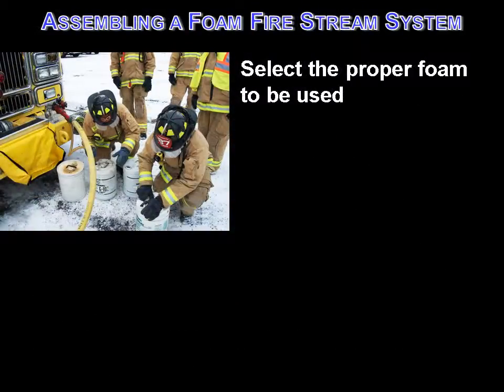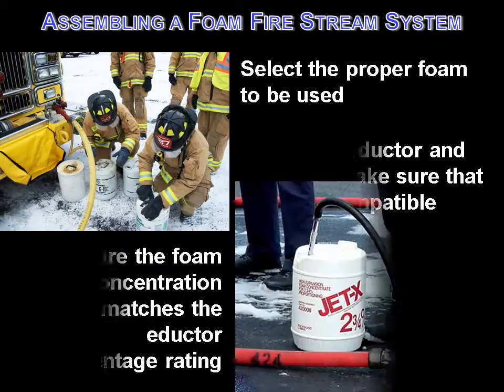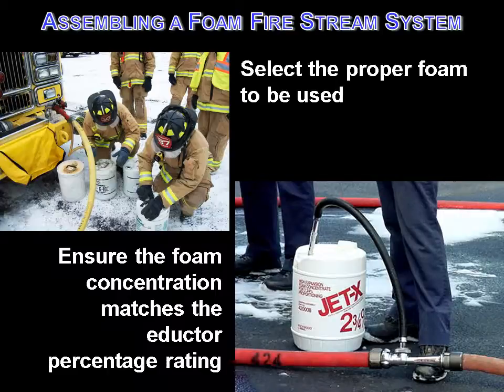Assembling a foam fire stream system. Select the proper foam to be used. Check the inductor and nozzle to make sure they are compatible. Ensure the foam concentrate matches the inductor percentage rating. Attach the inductor to a hose of proper size.